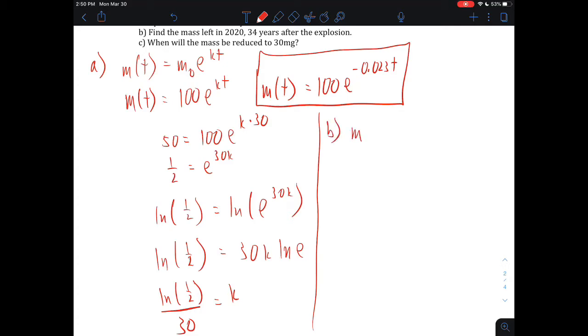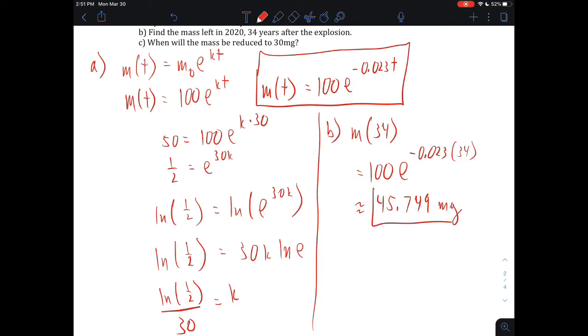This really just means calculate m of 34, which would just be 100 times e to the negative 0.023 times 34, and that gives us approximately 45.749, and this would be milligrams. Which should make sense. 34 years is more than 30 years, so we should see that more than half of this has gone.